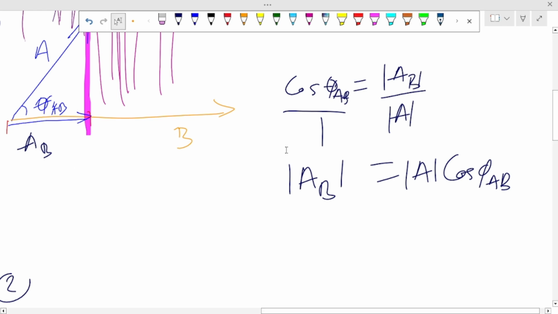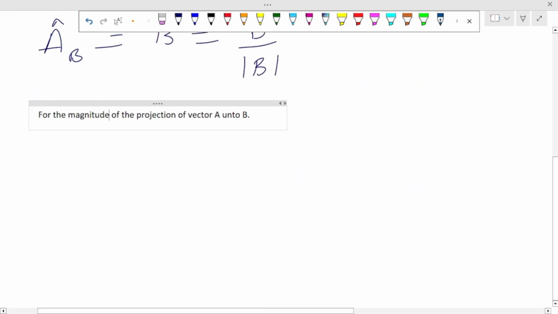So when we see the magnitude of A onto B, it's just this. You can use this method to get the magnitude, and then you just bring the unit vector together with it, which we already have as the same direction as B. Or you go back to the formula of the dot product, and you still get the same magnitude.